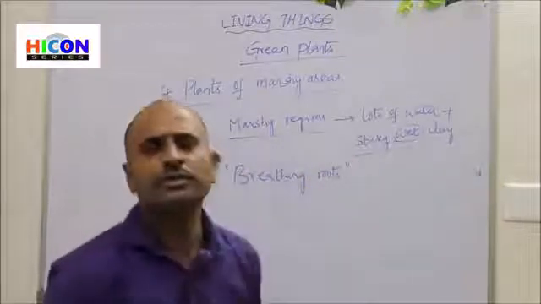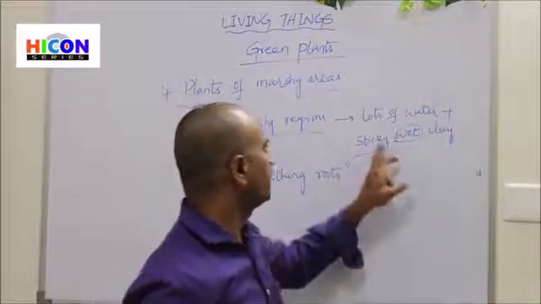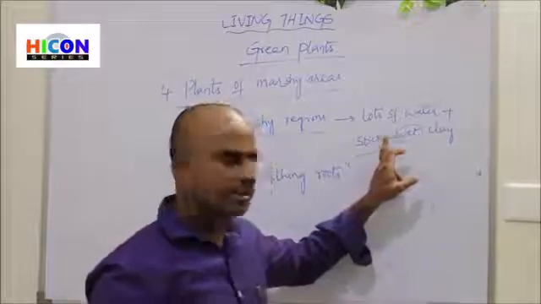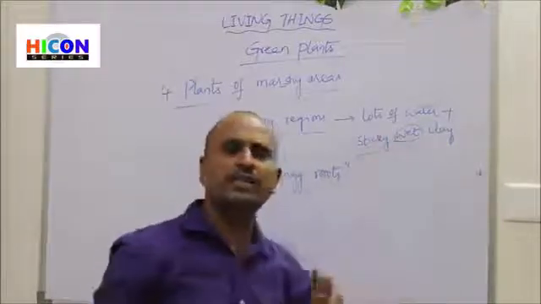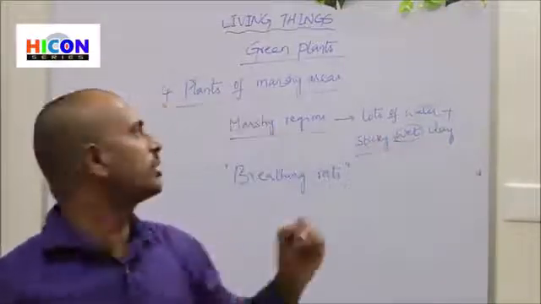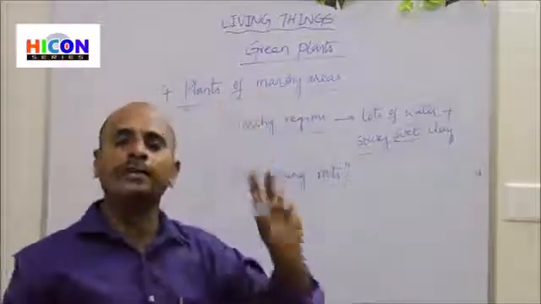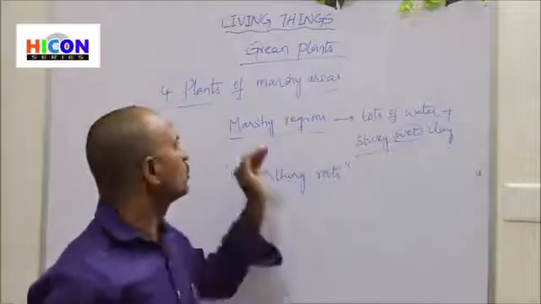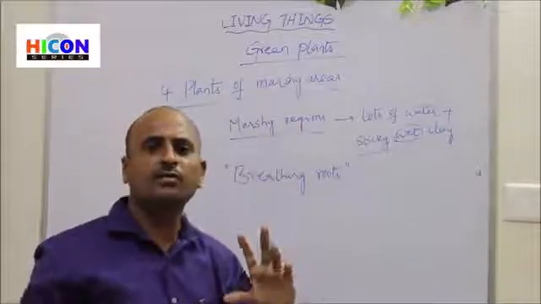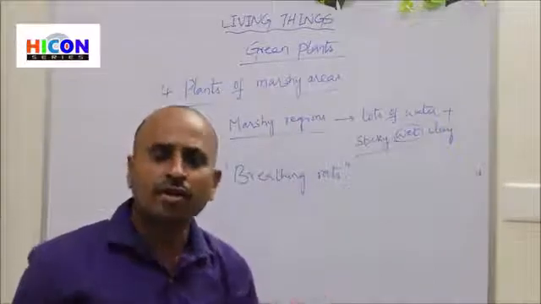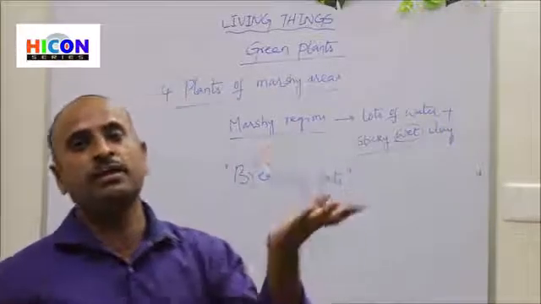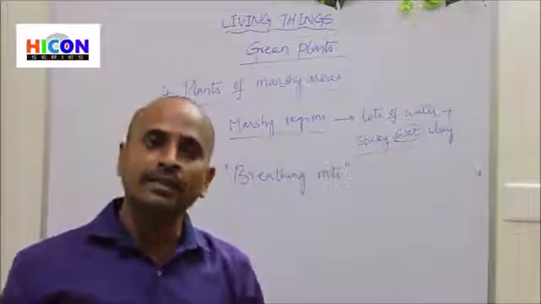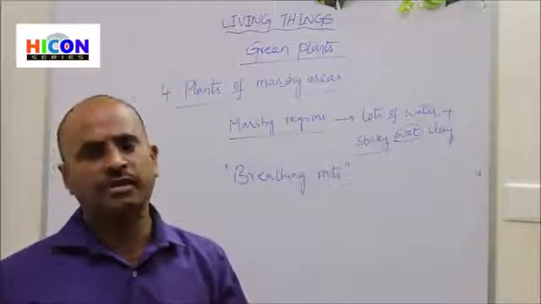So breathing roots, because this wet or sticky clay does not allow the roots of these plants to breathe. That's why the roots of these plants come out of the soil and out of the water level, and they breathe oxygen for them.